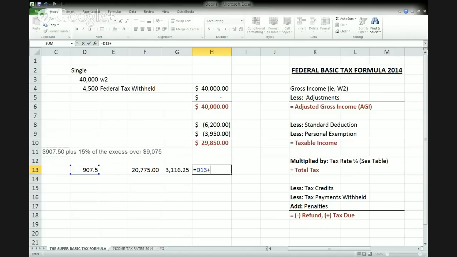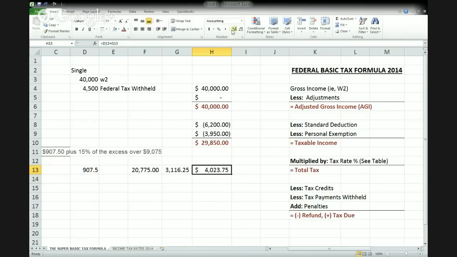So our total tax is going to be 907.5 plus the difference. The excess over 9,075 is the difference between 29,850 and 9,075, which is this, multiplied by 15%, which is going to give us $3,023.75.